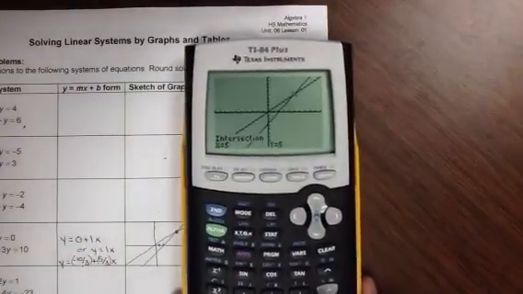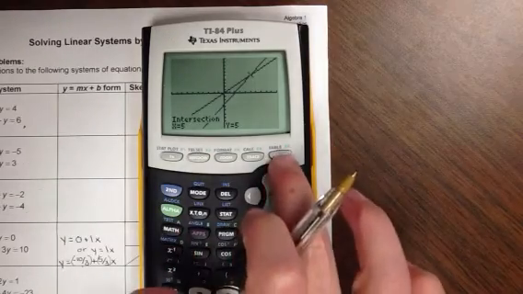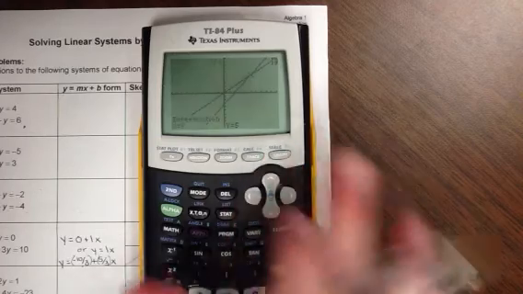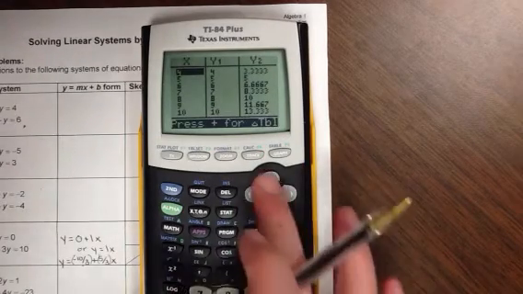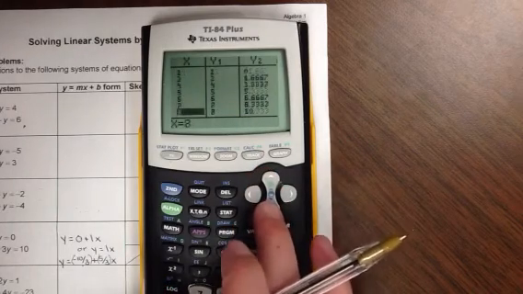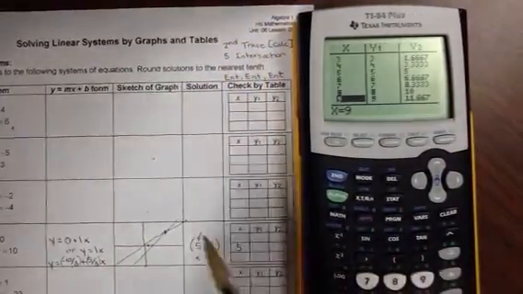So now let's look at the table. Again, you can do that by doing second graph, because right there is the word table. So second graph takes me to the table. Now, conveniently, mine started at 4, but if it didn't, remember, I can scroll up and down. And then we're going to write the 4, 5, and 6 line.